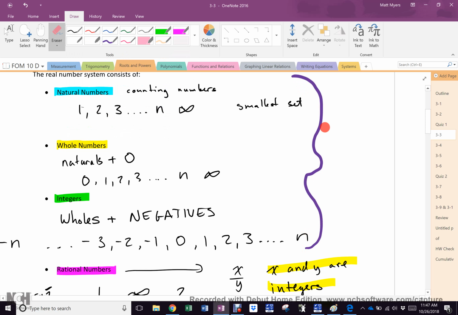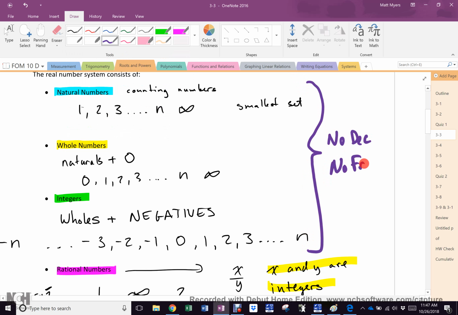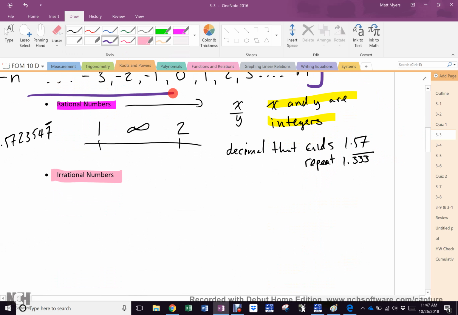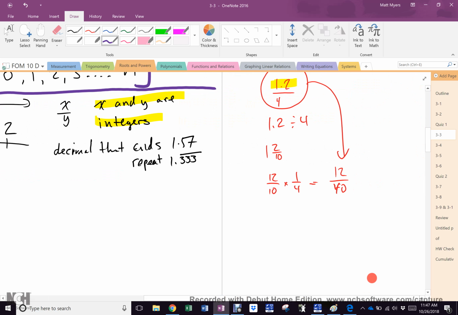There are no decimals and no fractions until we get to rational numbers. Everybody cool?